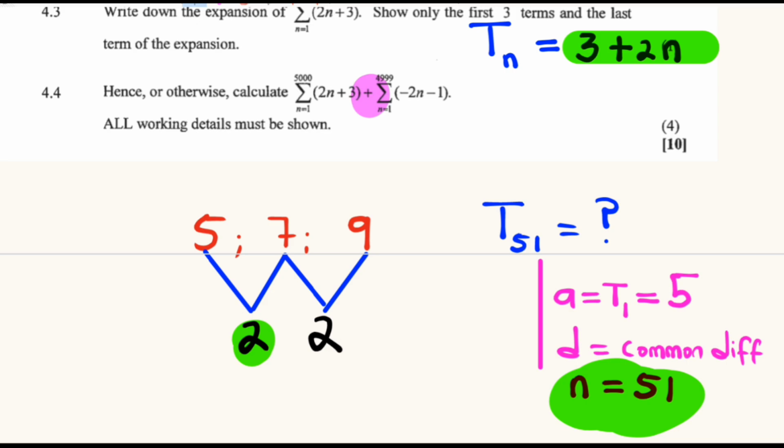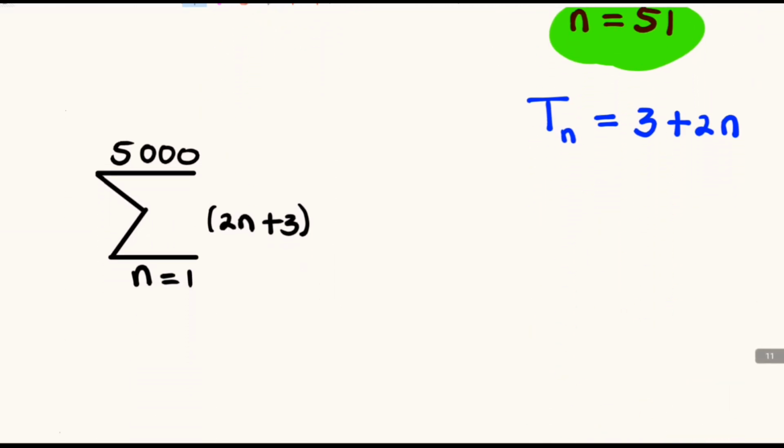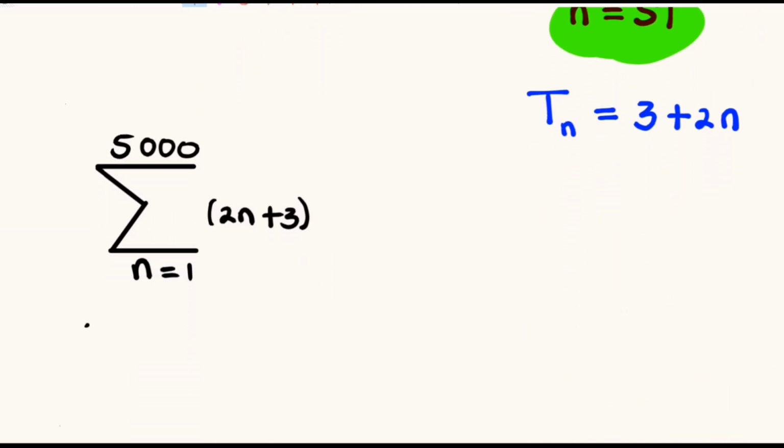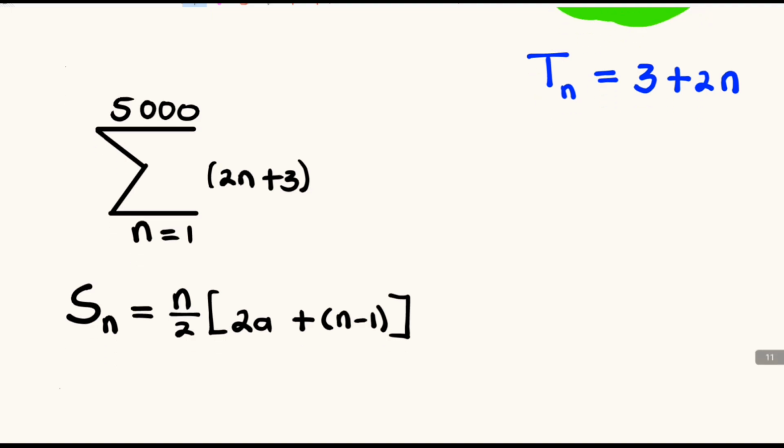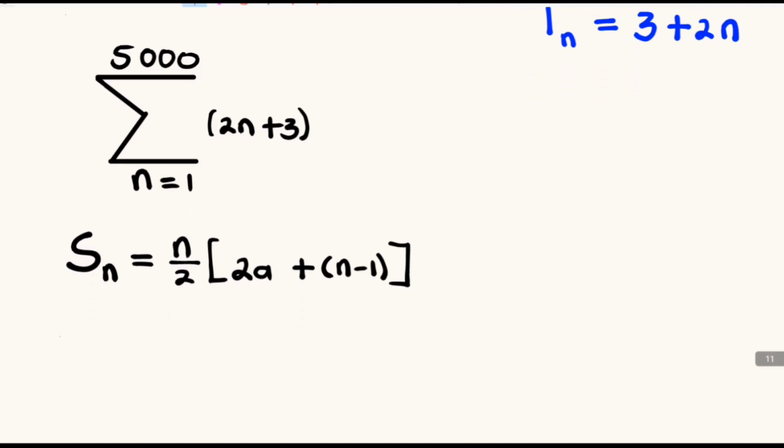So for the first sum, we have the sum to n terms of this arithmetic as n divided by 2 into 2 multiplied by a plus n minus 1 multiplied by the common difference d. Our n starts exactly at 1 and it ends at 5,000.